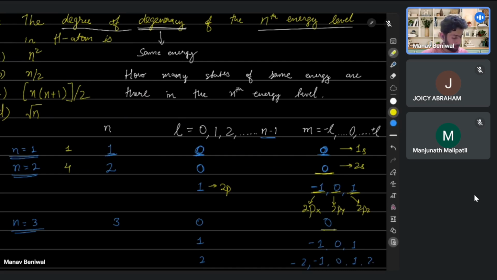So this will be 1 plus 3, 4, and then plus 5, 9. So you will get 9 states. Now you can already see that the degree of degeneracy, these values, they are nothing but n squared, right? So the correct answer will be n squared.